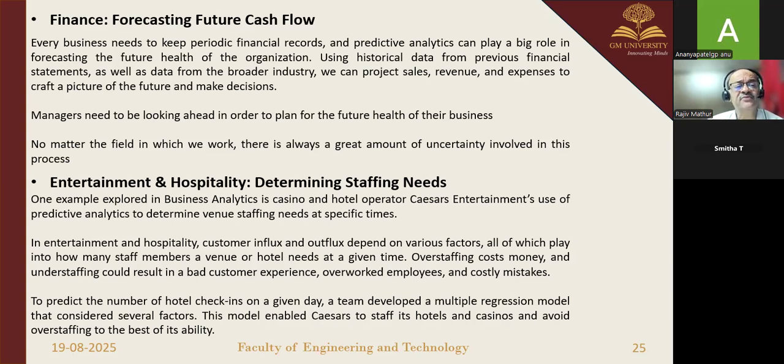No matter the field in which we work, there is always a great amount of uncertainty involved in this process. Okay. So what we try to do is reduce the uncertainties with predictive model types.